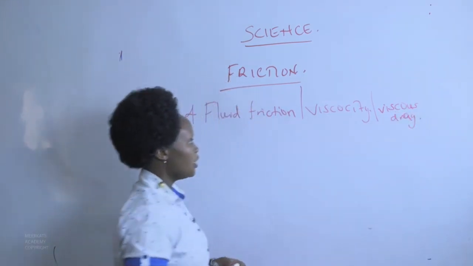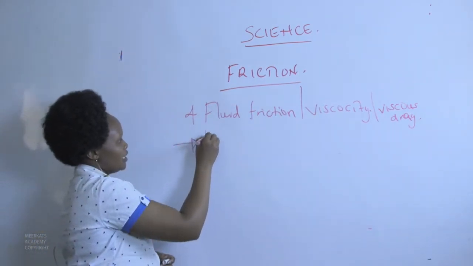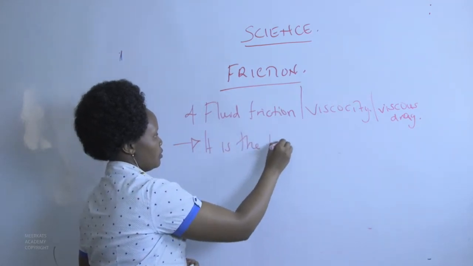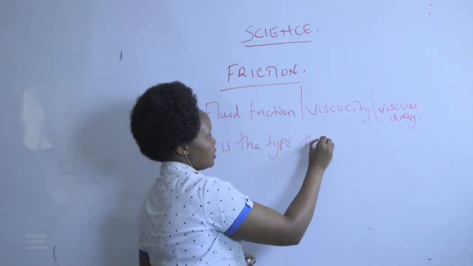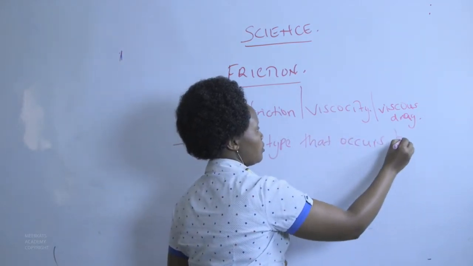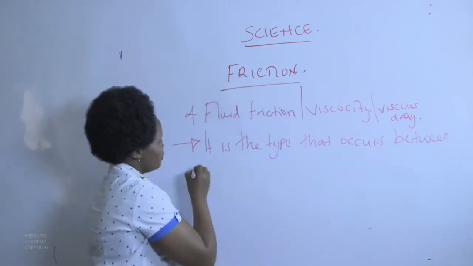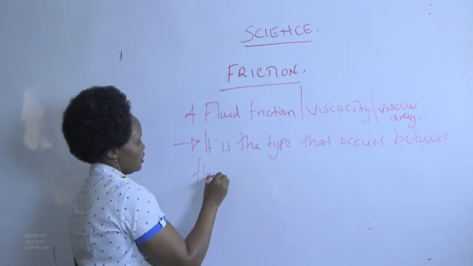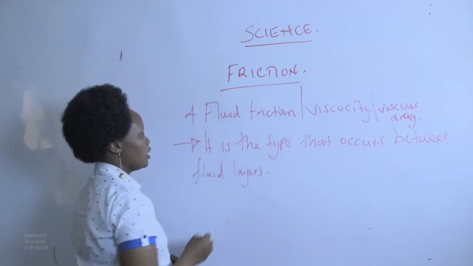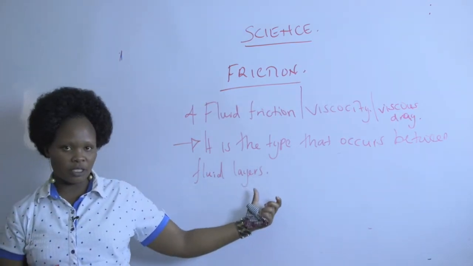It is the type that occurs between fluid layers. It is the friction that occurs between fluid layers.